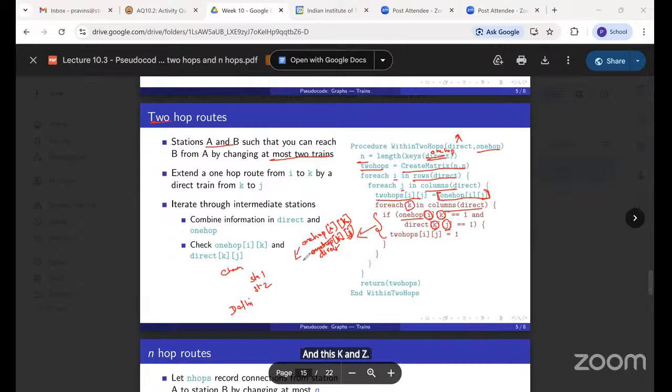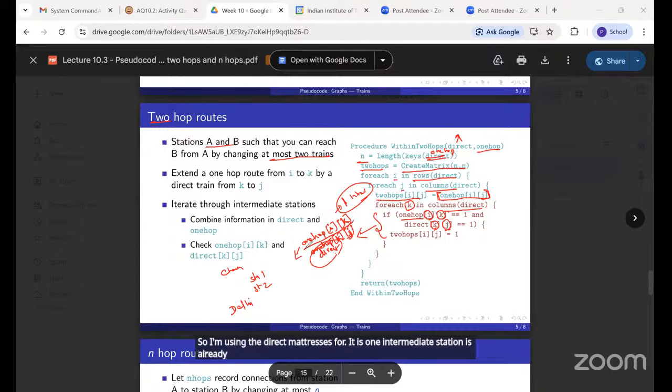Since we already know using the one hop matrices there is a path through one intermediate station, now I just need to check another intermediate station. So I am using the direct matrices for it. One intermediate station is already present using the one hop matrices, that you are sure.